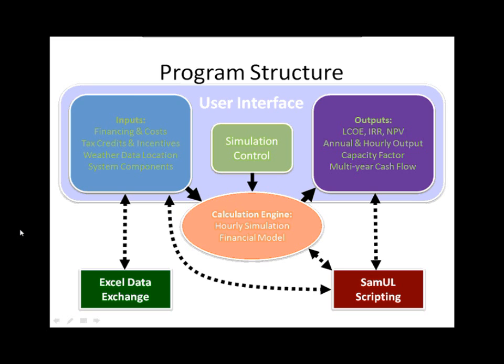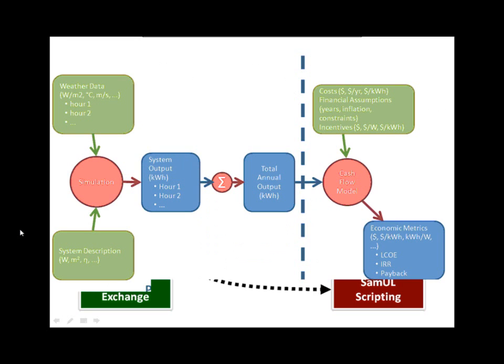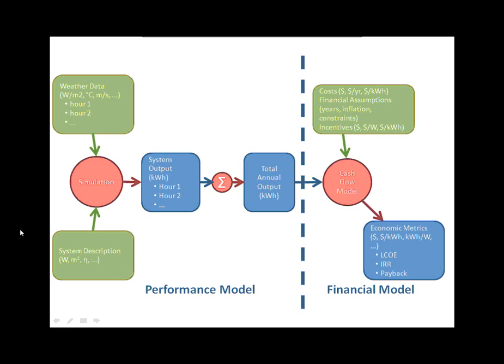This next slide shows a little bit more of the conceptual model to help you picture what's going on with SAM. So the simulation engine is an hourly model, as I mentioned before. It's based on TRNSYS, which is a simulation software developed at the University of Wisconsin. The simulation engine does an hour-by-hour simulation of the power system.